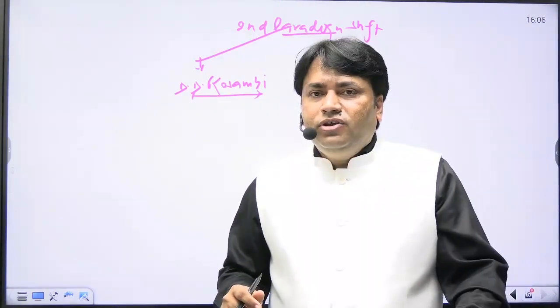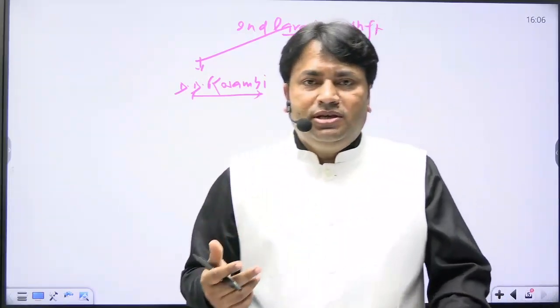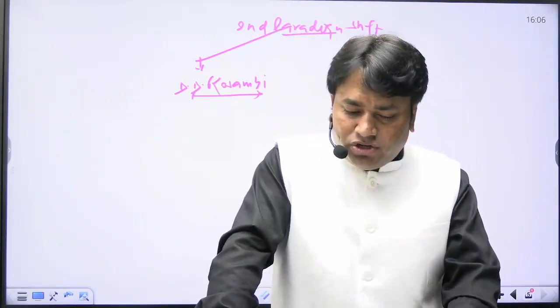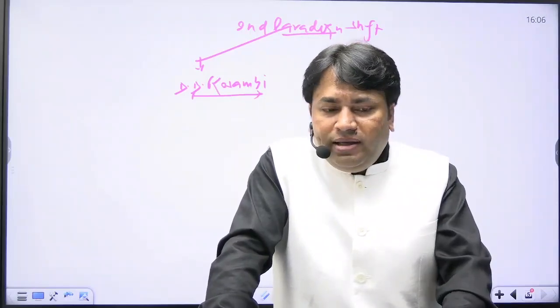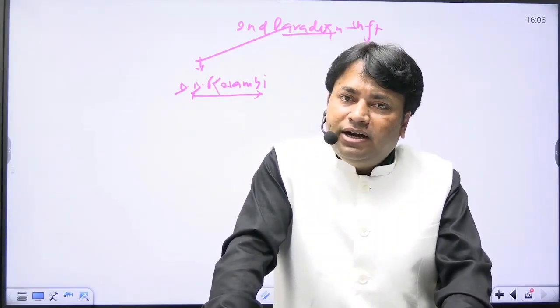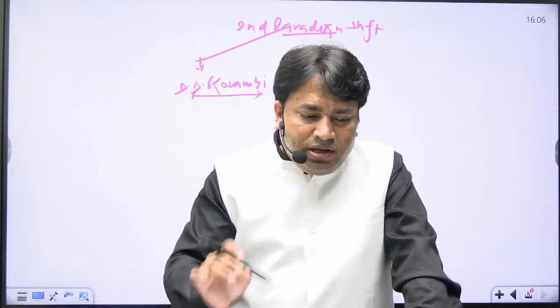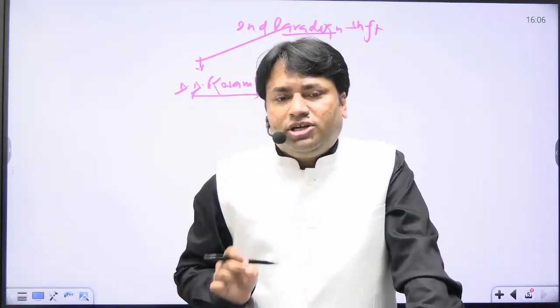And if you are asked to suggest two most important names in the field of Marxist historiography in India, one name will be D.D. Kaushambi, and the second will be R.S. Sharma. D.D. Kaushambi's complete name was Damodar Dharmanand Kosambi.